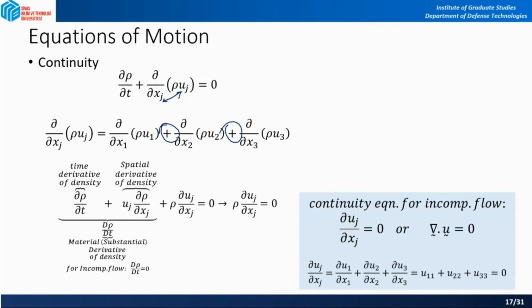Once the equation does not include any free index, so do you see any free index in here? No. Once it is like this, it is called a scalar equation.